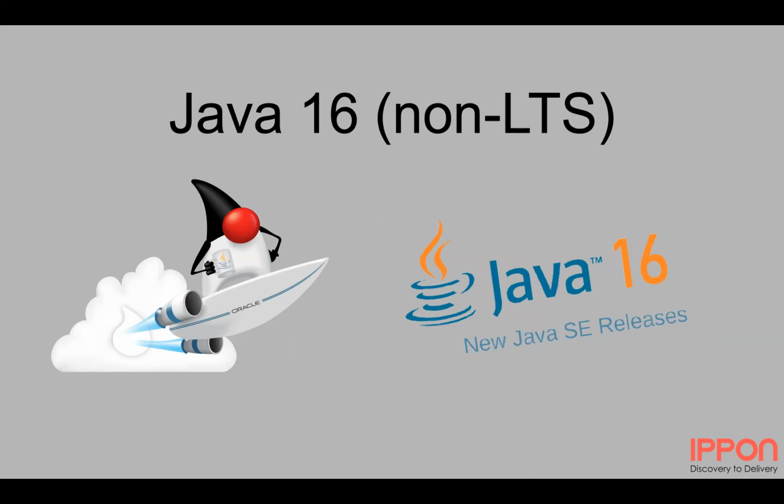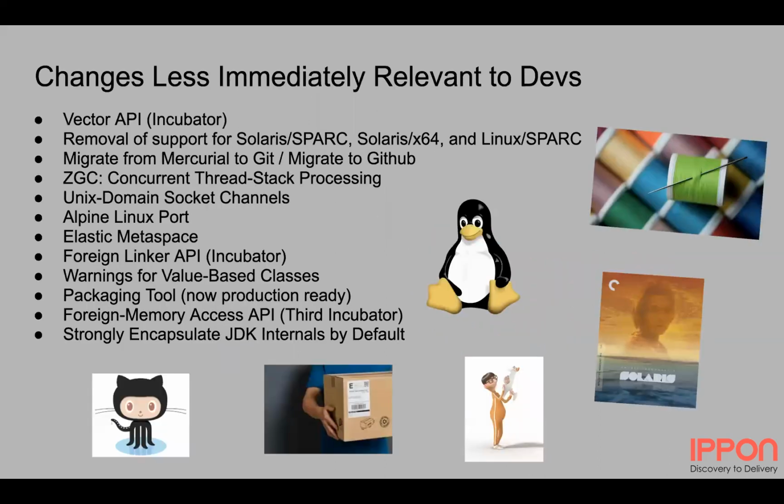So if you'd like to look at those, you can look at the Oracle release notes. I also put them here. Yeah, some deprecations. They're migrating to Git and GitHub. Things like that. Thread stack processing changes. Yeah, and I'll give you the slide deck too if you'd like to look more into these, or Google them.